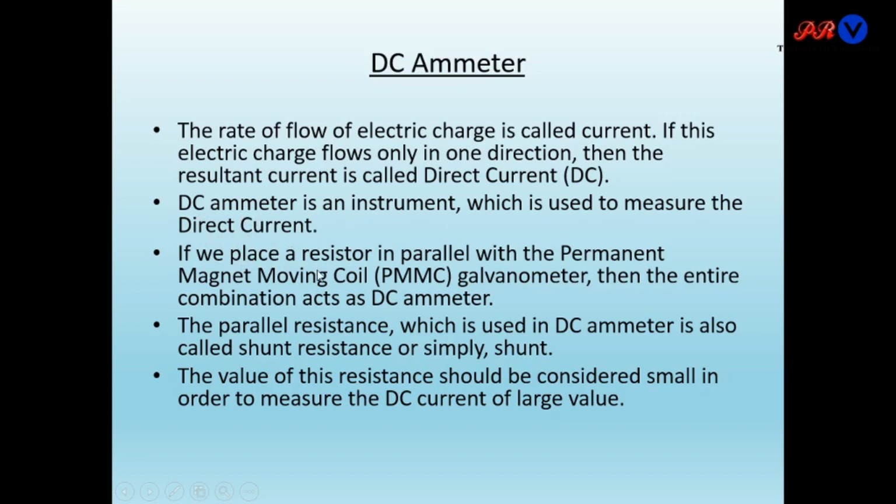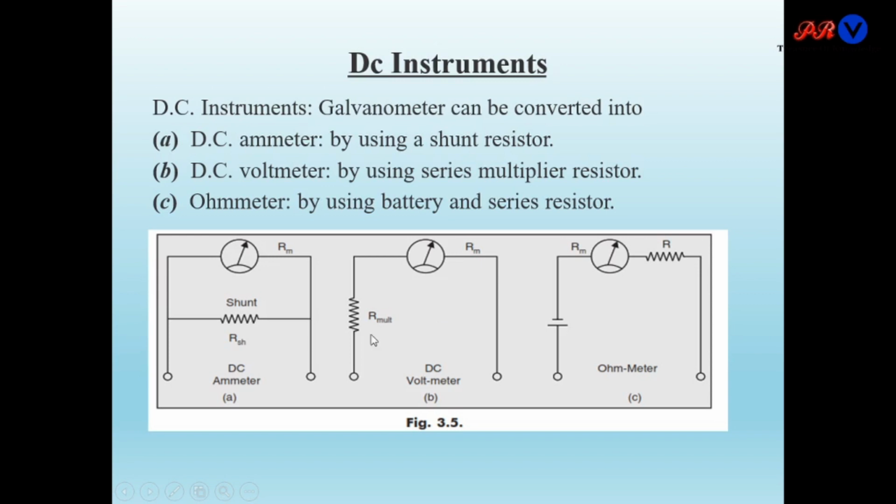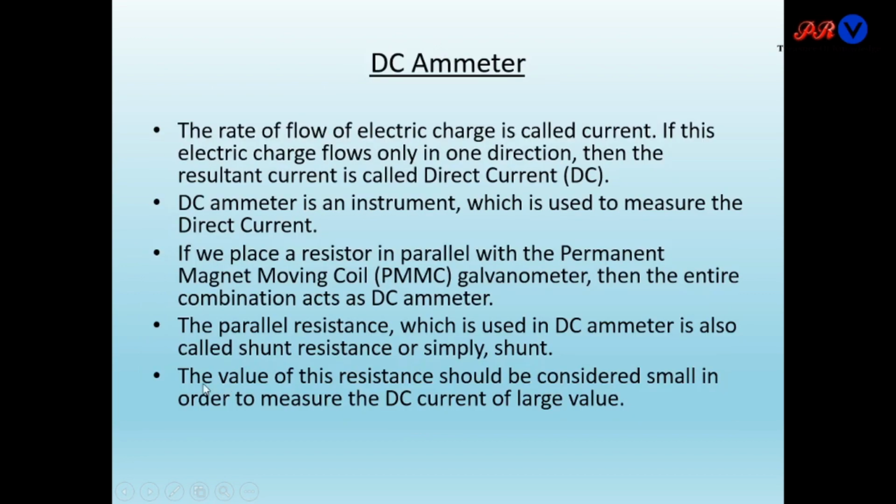If we place a resistor in parallel with the permanent magnet coil galvanometer, PMMC is also known as galvanometer or D'Arsonval galvanometer, then the entire combination acts as a DC ammeter. Means placing a parallel resistance with the galvanometer, we get a DC ammeter.